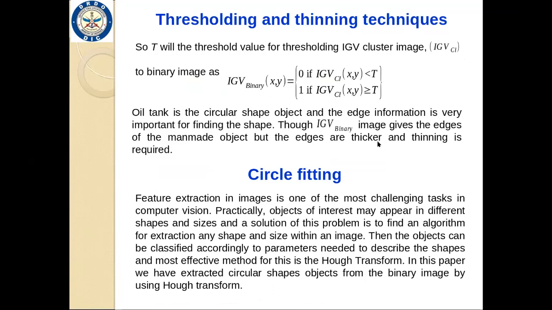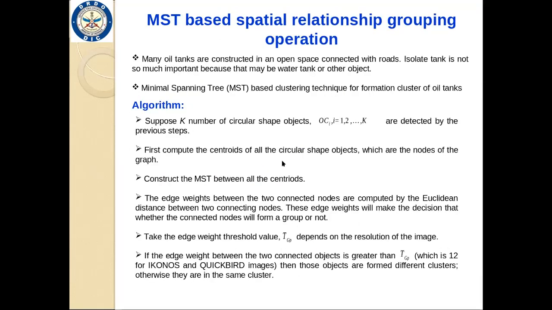After the segmented image, I am finding the circular fitting by the Hough transform. After finding these circular features, some of the features are isolated. So we eliminate those that are not of interest to us. We are extracting only the clusters of oil tanks, clusters of circular features. For that, we apply an MST-based spatial relationship group operation.